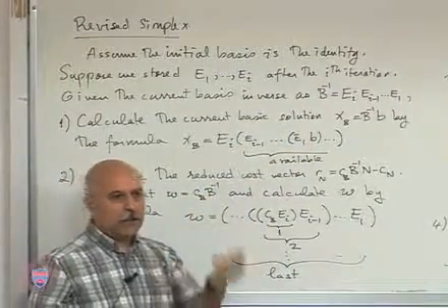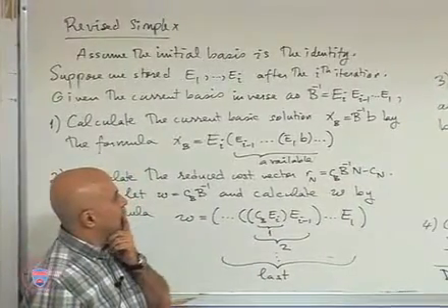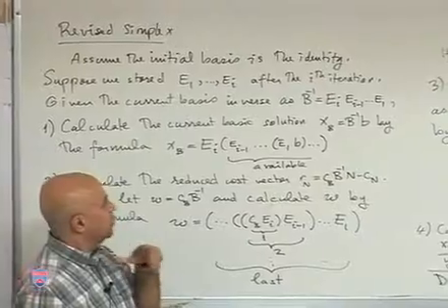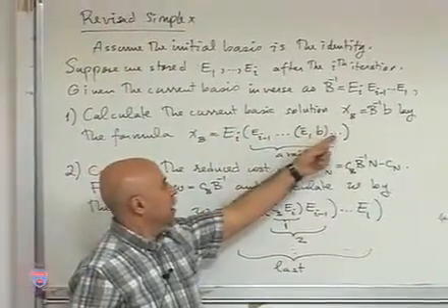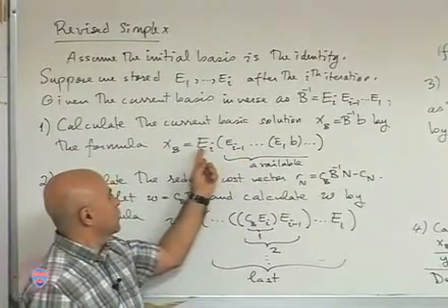But in carrying out this computation in an efficient way, you already have this information from the previous iteration. So you simply multiply this.